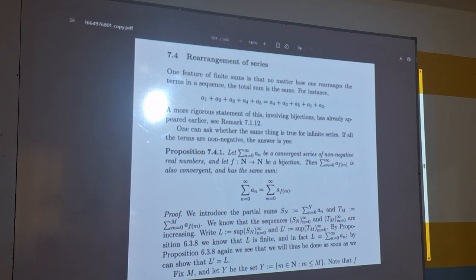Rearrangement of series. Let the sum of a_n be an absolutely convergent series of real numbers, so not necessarily positive, but when you take the absolute value, of course, non-negative. And let f from N to N be a bijection. Then the sum over m from 0 to infinity of a_f(m) is also absolutely convergent and has the same sum.